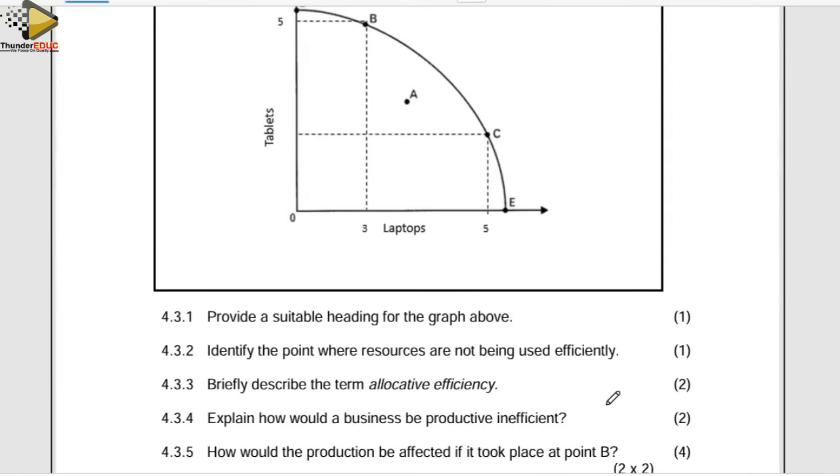So that diagram is illustrating for us the production possibility curve or frontier. Production possibility frontier or production possibility curve, the PPC. Identify the point where resources are not being used efficiently. If we produce at A, we have capacity to increase production of both tablets and laptops. So point A is inefficient.